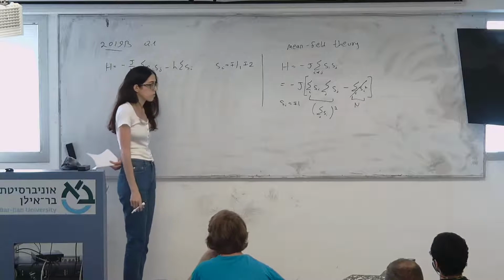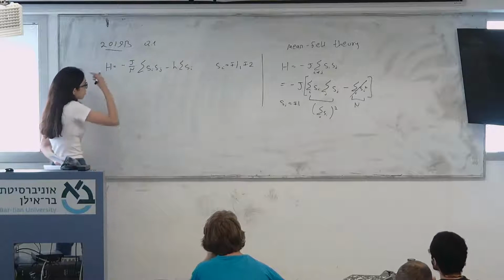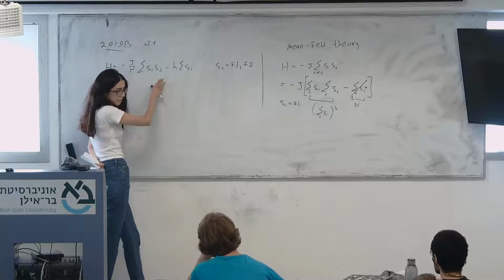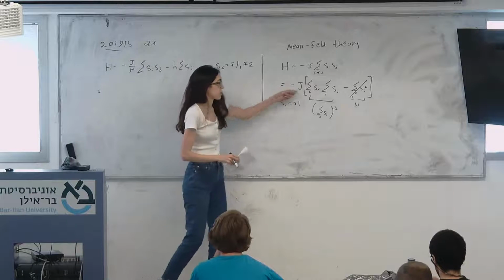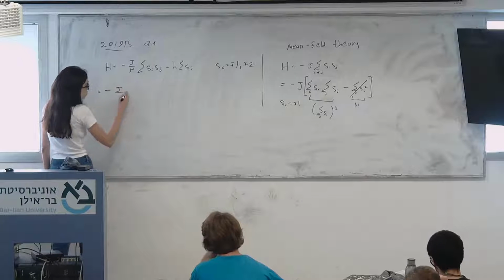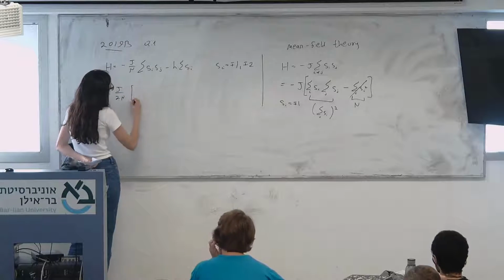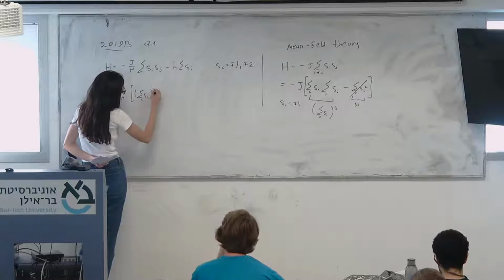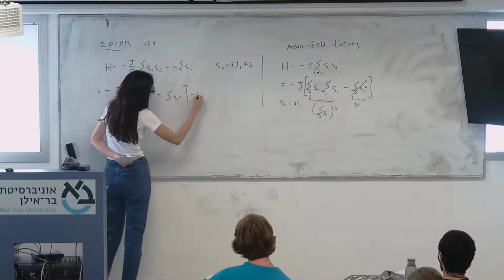It's kind of Ising model. So now, when we're going to rewrite the Hamiltonian, we do the same thing that we did here. We have minus J over, let's add the factor half, so 2N, sum over i, si square, minus sum of si square.